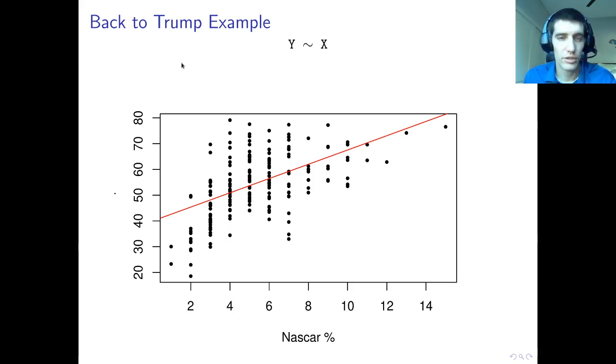All right, so let's go back to this example, which is now almost overworked. We will leave it behind soon, but it's served us well for these first lectures. And here is an example. This is again predicting the percentage of residents in different communities who voted for Donald Trump in 2016, using as a predictor the percentage of search traffic related to NASCAR.